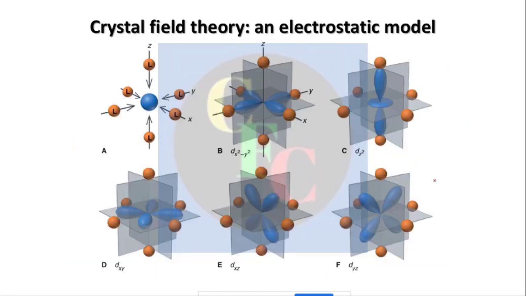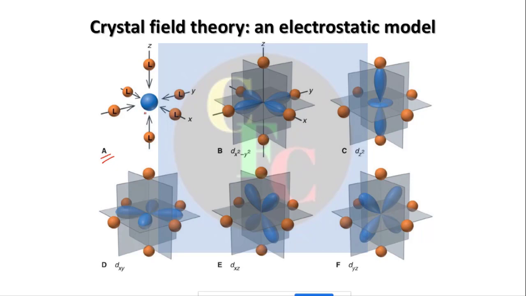Okay, now let's see how it looks when the ligands approach the metal ion from 6 directions. 6 directions means from x, minus x, y, minus y, z, minus z, right? So suppose in position A, this metal ion is being approached by these 6 ligands. Now if they are far away, all the orbitals would behave similarly, because all the 6 ligands are relatively far away.